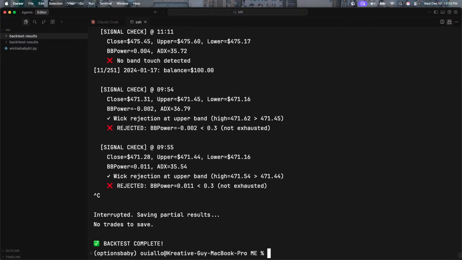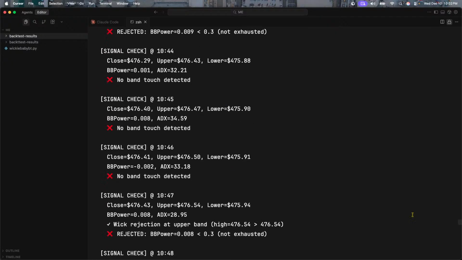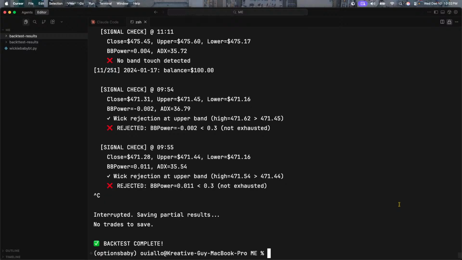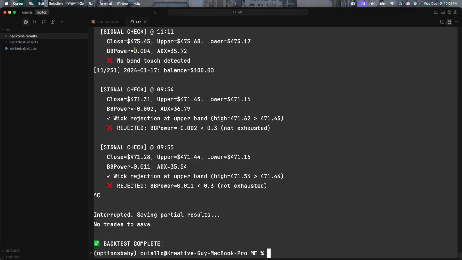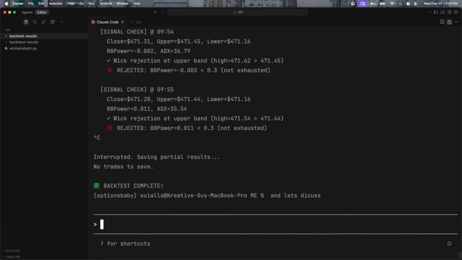Okay, that's a lot. I don't know how many days, but this will probably give you a lot of information. This is before the update. Review, and let's discuss.